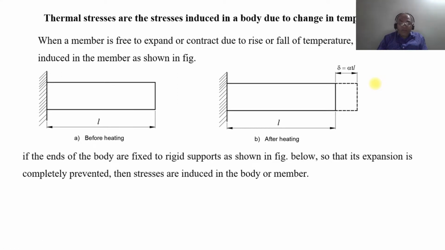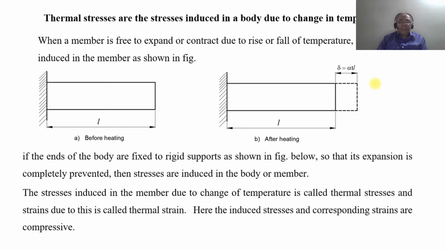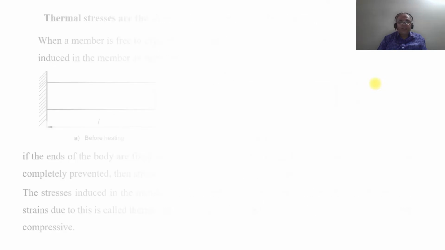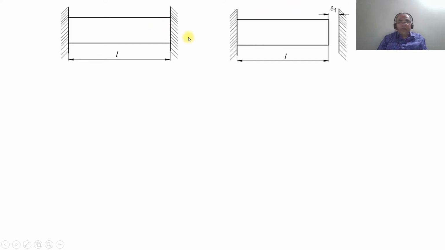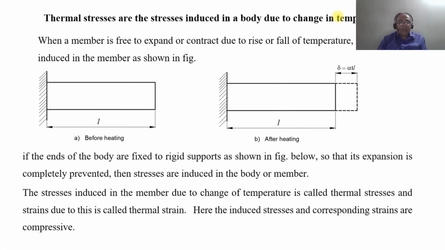If the ends of the body are fixed to rigid supports, as shown in the figure, so that its expansion is completely prevented, then stresses are induced in the body of the member. When the member is fixed at both ends, due to heating there will be obstruction, so the expansion delta 1 is prevented.